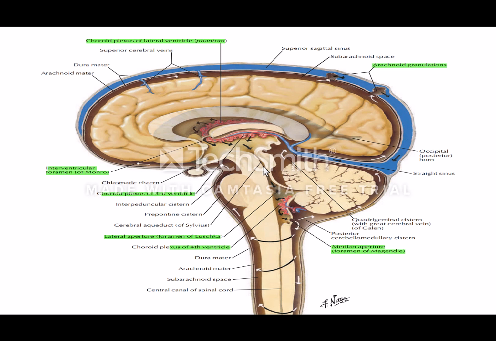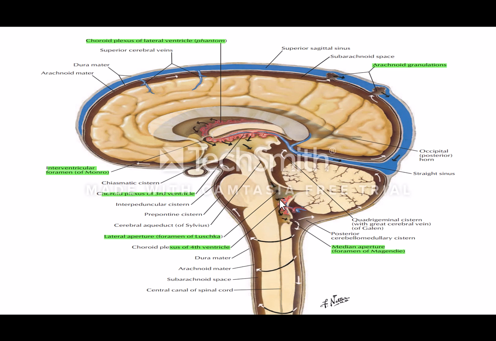And then you have your fourth ventricle, which is a cavity that lies within the hindbrain, just behind the pons and the medulla. You have the pons here, where my cursor is. This bulge here is the pons, and this lower bulge is the medulla. Just behind the pons and medulla you have this fourth ventricle.